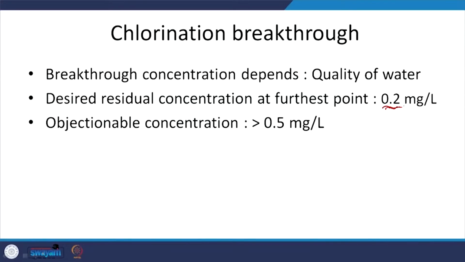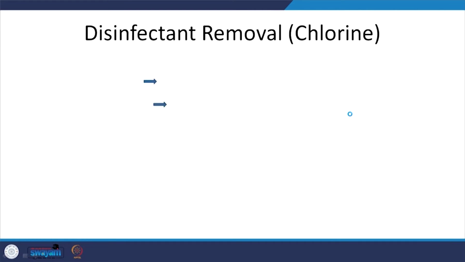So I need sufficient residual chlorine, and sufficient one is supposed to be 0.2. But if it's greater than 0.5 milligrams per liter, it becomes objectionable, and in India typically we exceed this particular limit. So disinfectant removal. Again, as we mentioned earlier, disinfection byproducts can be formed.